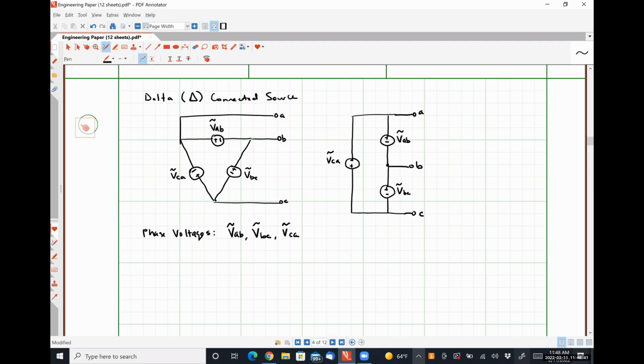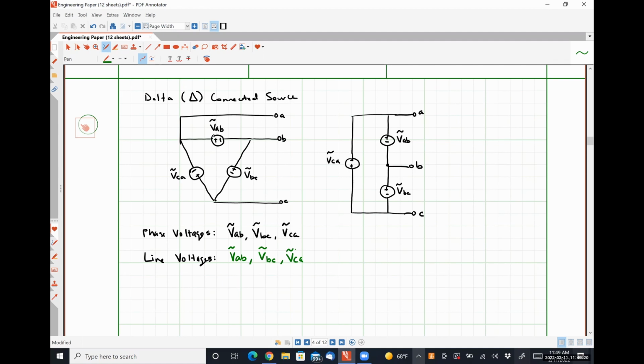But as Brandon pointed out, our line voltages, which I believe I used this green color, are VAB, VBC, and VCA as well. So for a delta connected source, and we will see shortly a delta connected load, the line voltages and the phase voltages literally represent the same quantity.